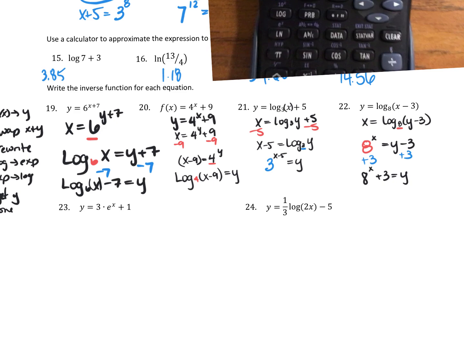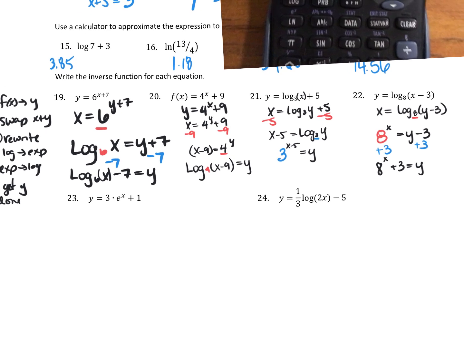Now we'll get into some a little bit more complicated ones with e. So I have to swap it. X equals 3 times e to the y plus 1. And now I have to get the e to the y by itself. So we're going to subtract the 1. X minus 1 equals 3e to the y. And then we're going to divide by the 3.